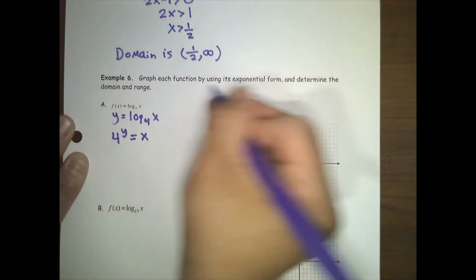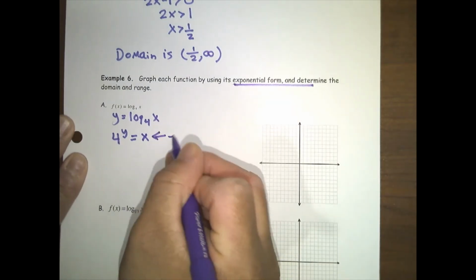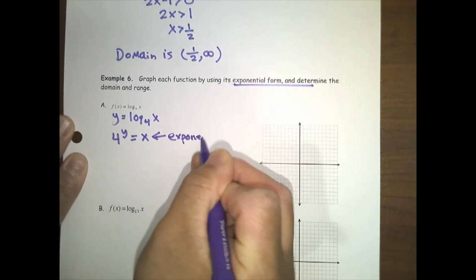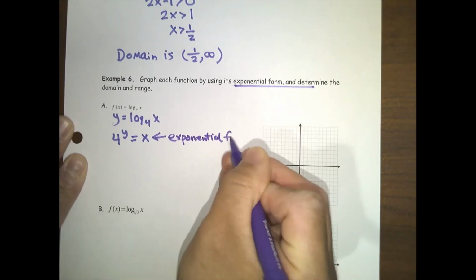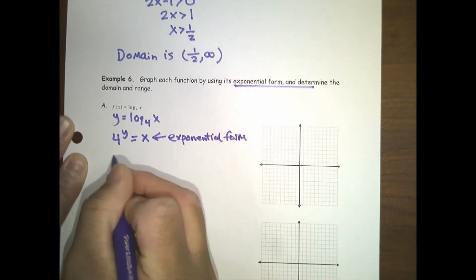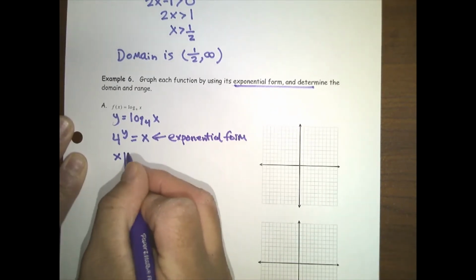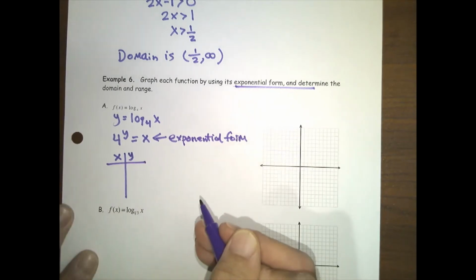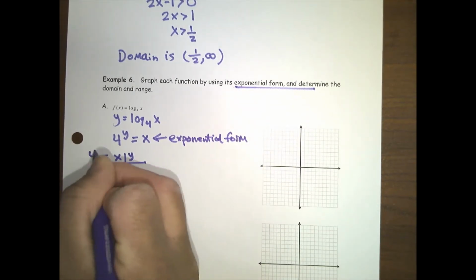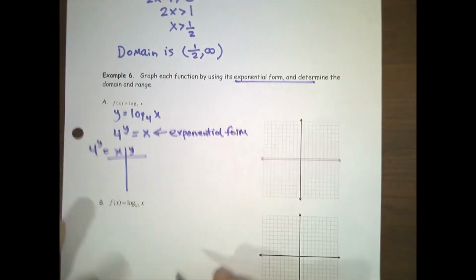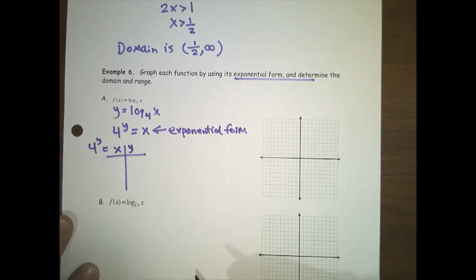That's what I mean by graph this using its exponential form. If I make a table of x and y, x is 4 to the y power. Usually I would substitute values for x and get a y value, but here I want to substitute values for y and get an x value.